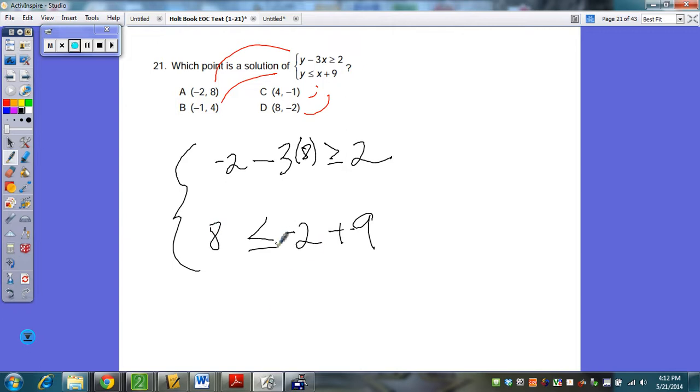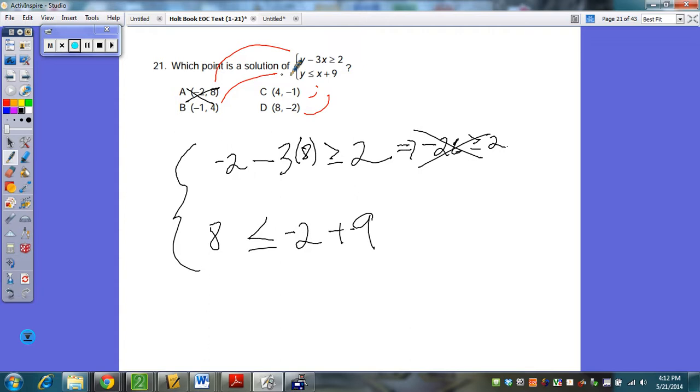Okay. We'll see if it works. So here we have negative 24. Negative 2 minus 24 is negative 26. And that has to be greater than or equal to 2. Well, immediately that's not true. Therefore, this point does not work.